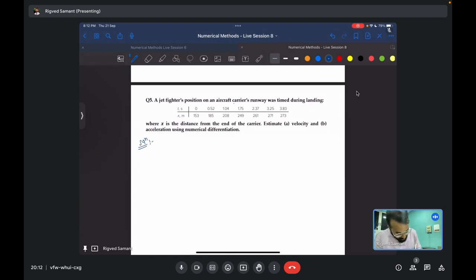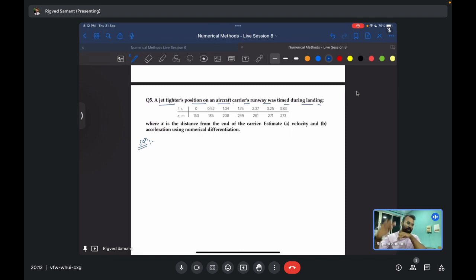So you solve. It asks: a jet fighter's position on the aircraft carrier's runway was timed during the landing. So the aircraft is landing on the runway, and its position is calculated for each time.